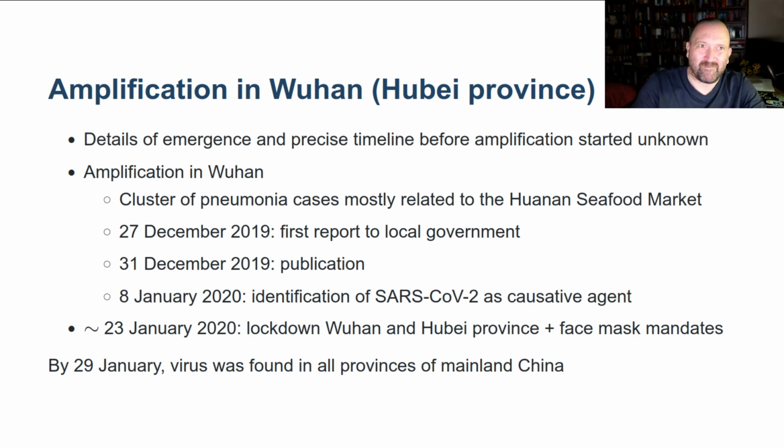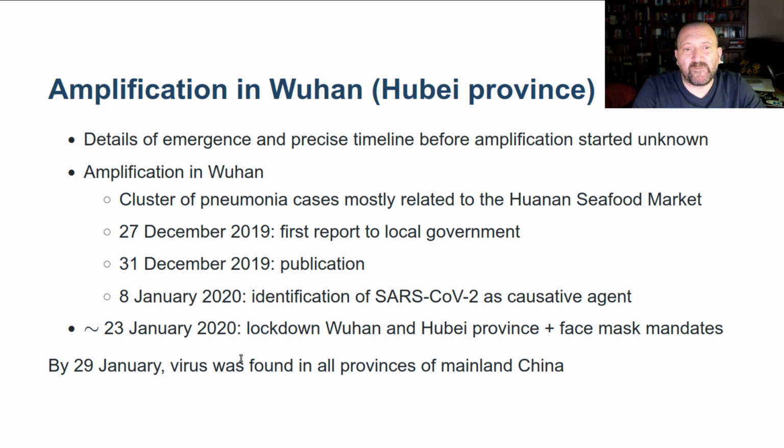We will later on, when you think about vaccines, the time that it took to develop vaccines was also very impressive. But anyway, in early January, SARS-CoV-2 was identified as the agent.